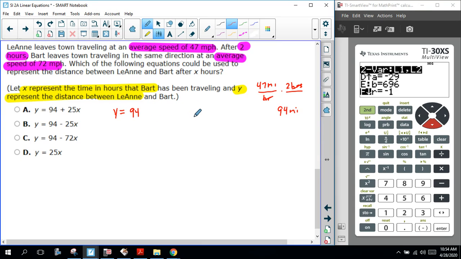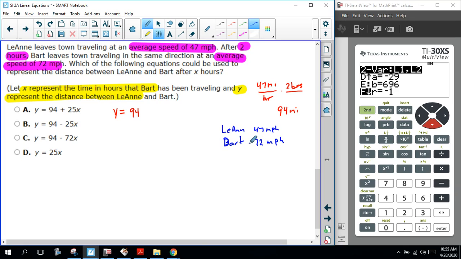Now Leanne has this head start, and Bart takes off 2 hours after the fact. Leanne's speed is 47 miles an hour. Bart's speed is 72 miles per hour.